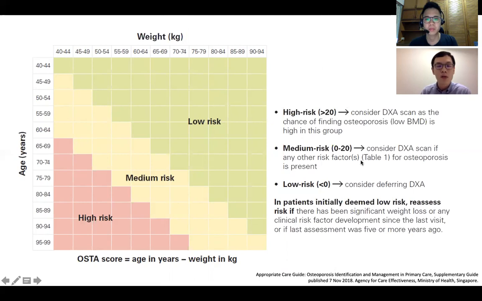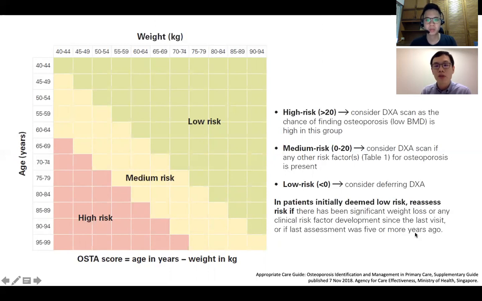This is quite intuitive: a patient who is very old and very small in size, i.e. the weight is much lower than the age, would be a high risk patient, whereas someone relatively younger with a higher weight would be a lower risk patient.